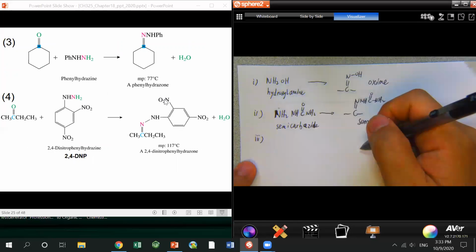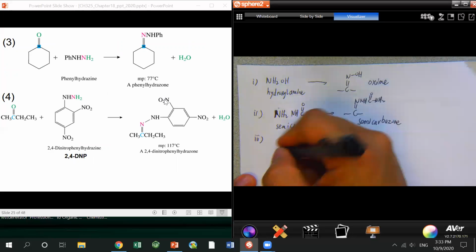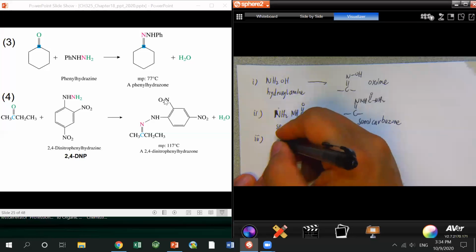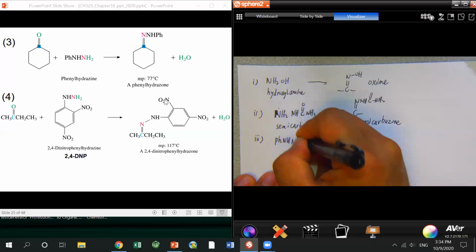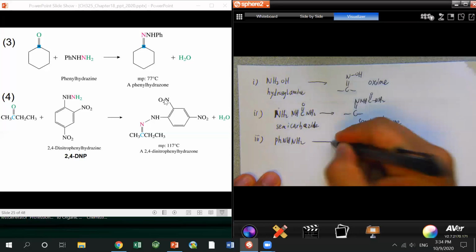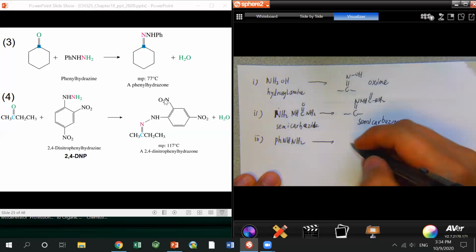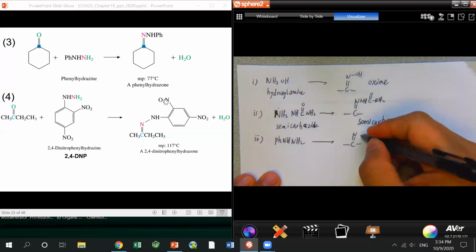Then we move to another one. We start with phenylhydrazine. Hydrazine is NH2, NH2, and you replace one hydrogen with a phenyl, so it becomes phenylhydrazine. Once the reaction is done, this NH2 becomes a C=N double bond, and whatever is attached to this nitrogen is still here.